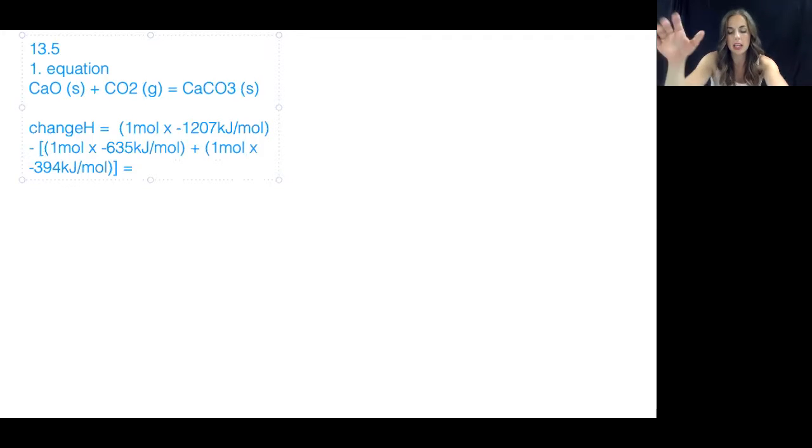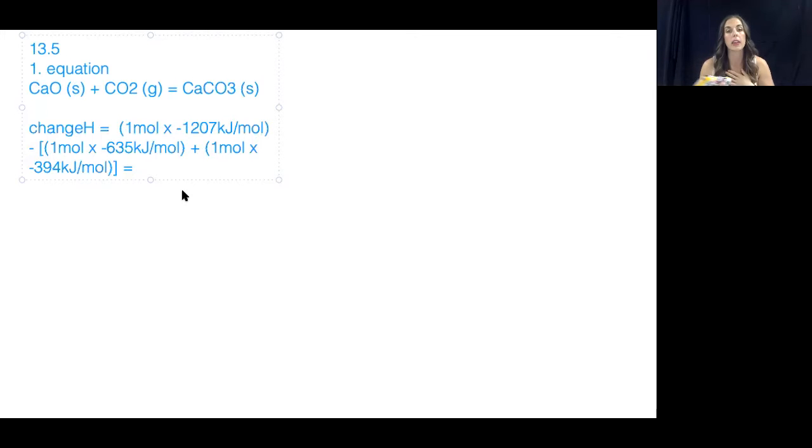All right, in your calculator. Notice here we're multiplying every one by 1. So 1 times this, 1 times this, 1 times this, because we don't have any other coefficients. So really, if you guys want to, skip the step of multiplying everything by 1 because that's pointless because it's going to be the same thing.